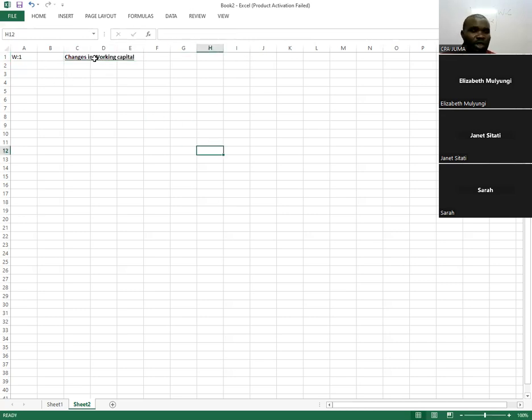Working capital, how will you know the change? You will compare closing with the opening. You can start with any opening or closing, so let me start with opening. Just say opening, you say closing, then you say we have realized all of them were increased. So I'll just say increase. If there was an increase and a decrease, then I say increase stroke decrease.